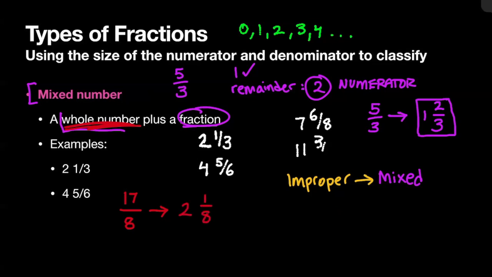Correct. Our mixed number would be 2 and 1 by 8, right? Because 8 goes into 17 twice, and what is left afterwards is 1, and that will be our numerator. That's how we can write improper fractions as mixed numbers.